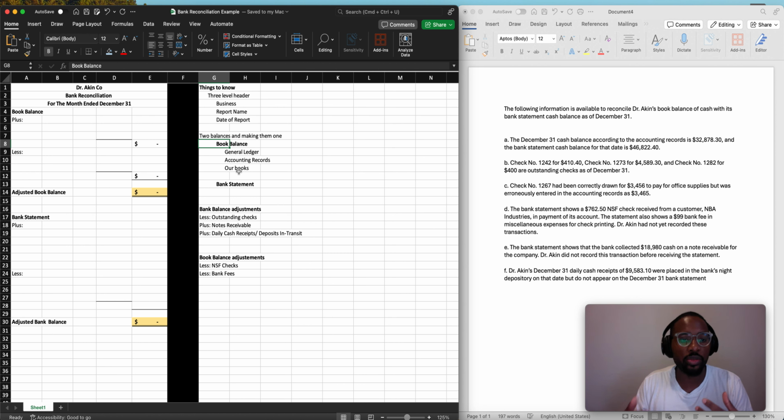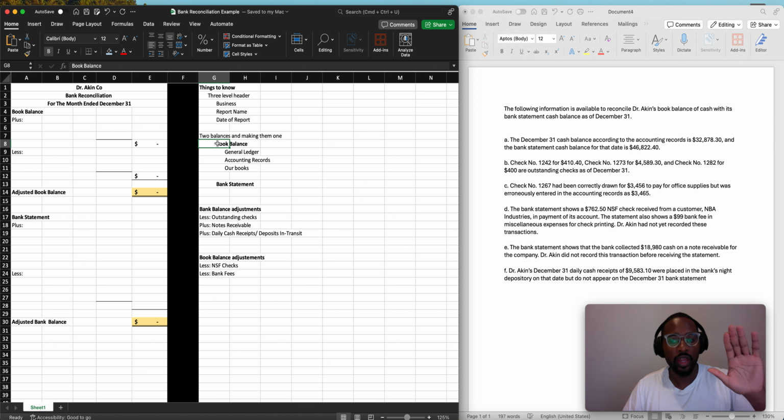Iterations of the term book balance show up in different ways depending on the publisher or professor. Some may say book balance, some may say journal ledgers, others may say accounting records or our books. If you see any of these, they're all saying the same exact thing.